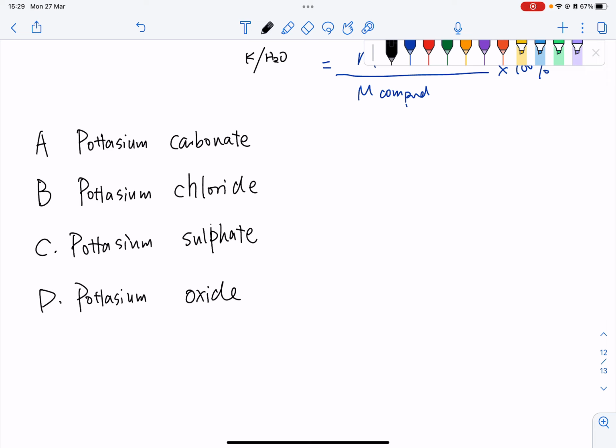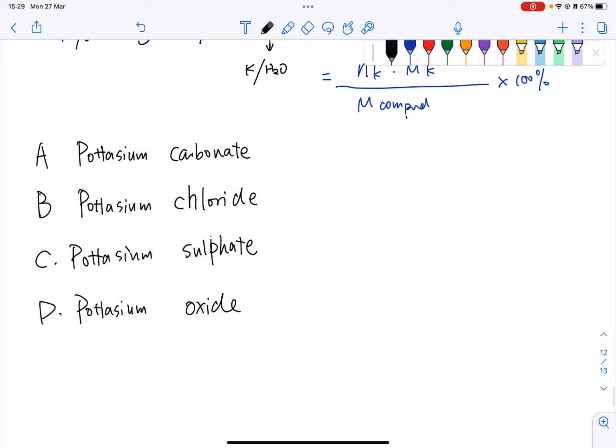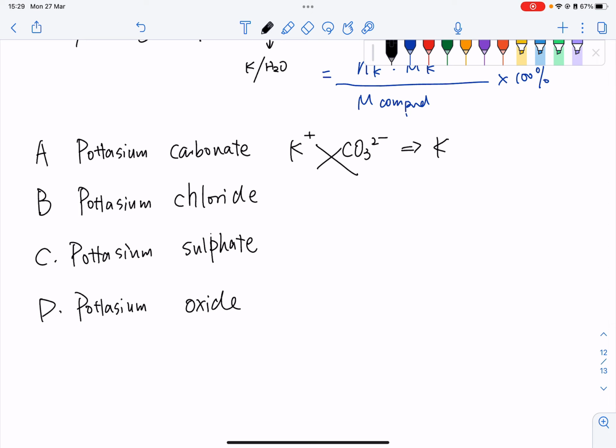For potassium carbonate, the charge of potassium should be plus. What is the charge for carbonate? Remember from page 88 in your book 1B, this one should be CO3 2 minus. If we do the cross method, the formula should be K2CO3, because I put 2 here and 1 here. Similarly, K plus and Cl minus, 1 and 1, so here should be KCl.